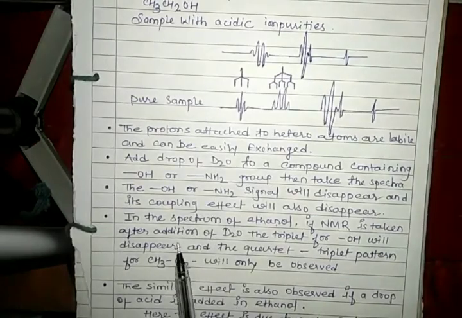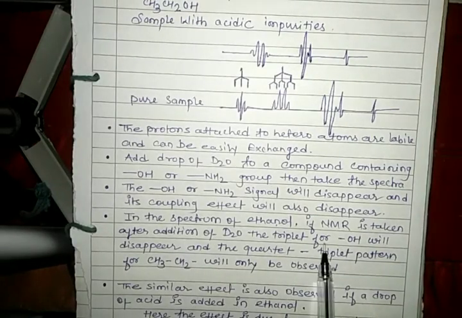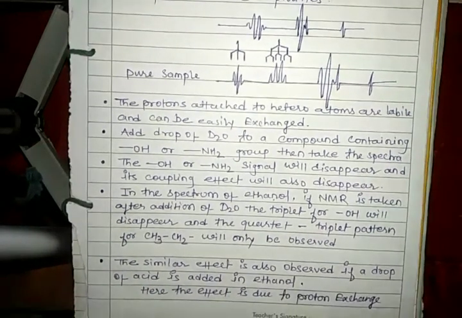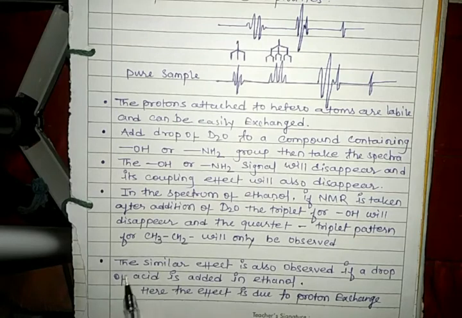Fourth point, in the spectrum of ethanol, if NMR is taken after addition of D2O, the triplet for OH will disappear and the quartet-triplet pattern for CH3CH2 will only be observed. And fifth point, the similar effect is also observed if a drop of acid is added in ethanol. Here the effect is due to the proton exchange.